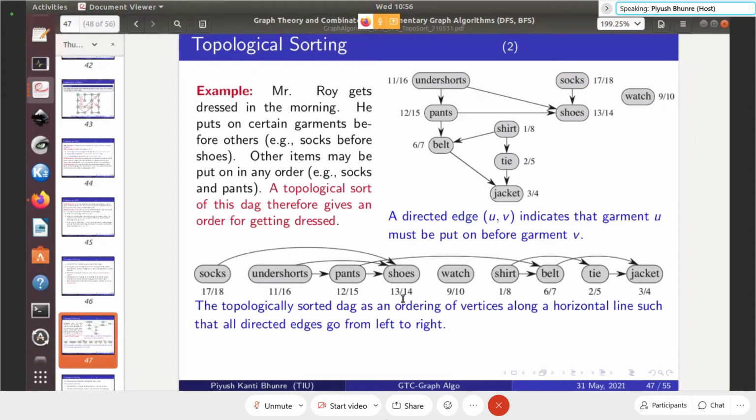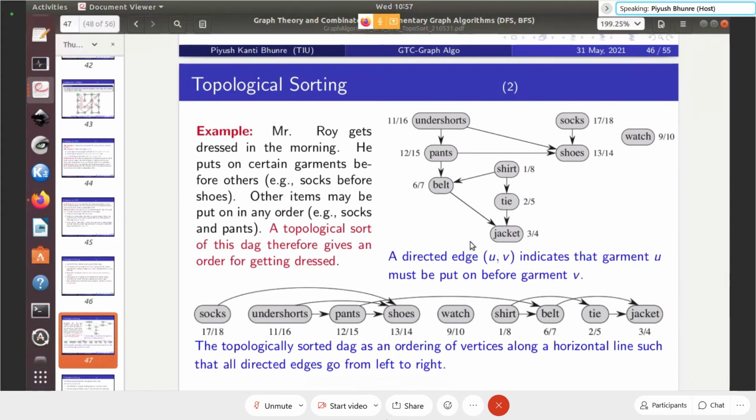We have given a dependency graph over here. That's a directed graph. An arrow from a vertex U to V means you have to wear U before V, so in the topological ordering, U has to come before V. So wearing the belt will come before the jacket, or wearing the shirt will happen before wearing the belt.